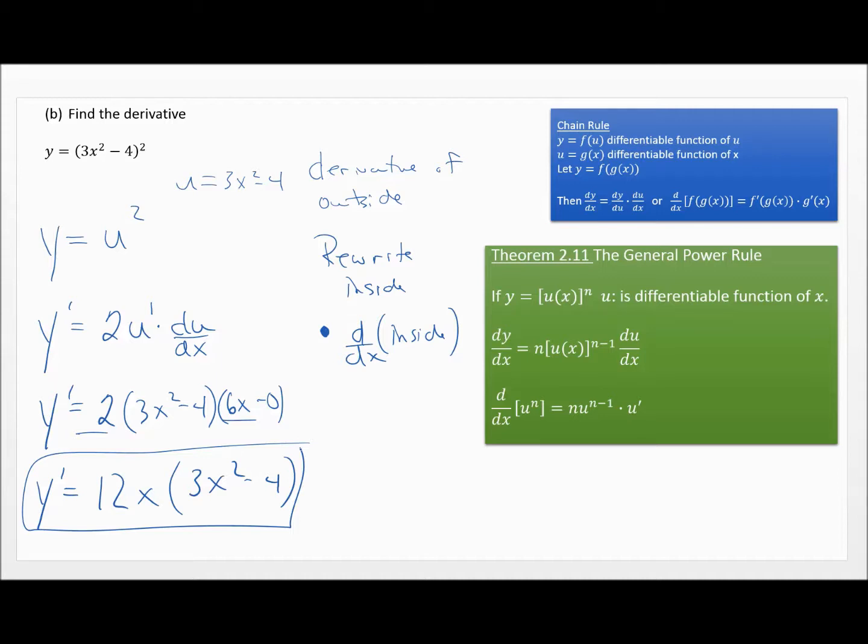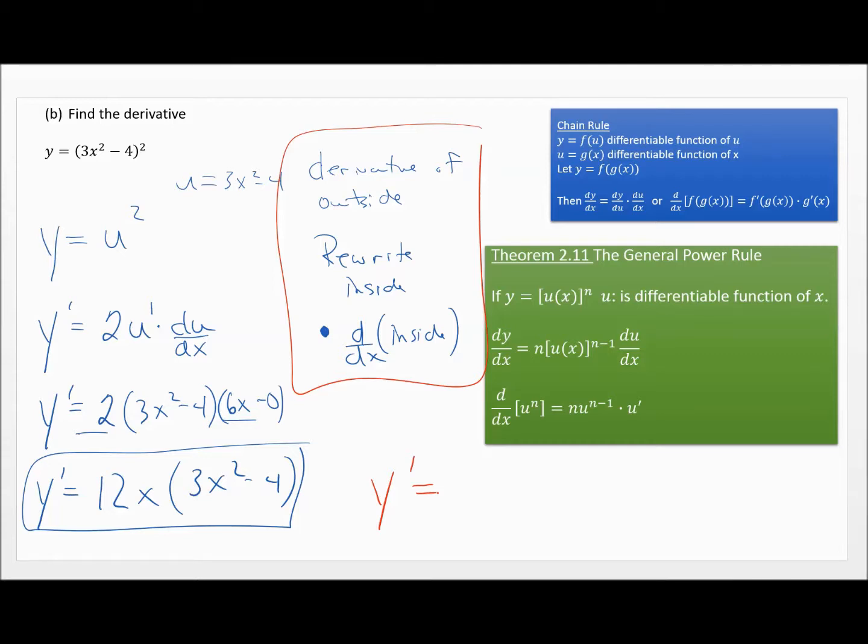So that's the situation. Now, that does not use this cute little trick that I have written here for you. Let me show you that way. I think you're going to like that better when you start doing a bunch of these problems. So here we go. y primed equals. Now we already established that the outside function is the square part and the inside function is 3x squared minus 4.